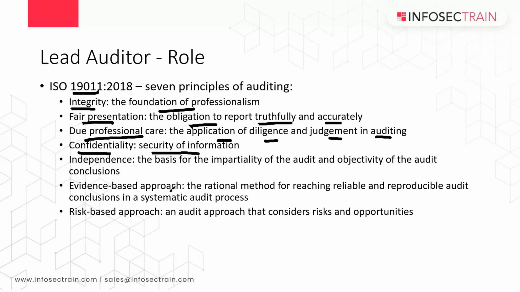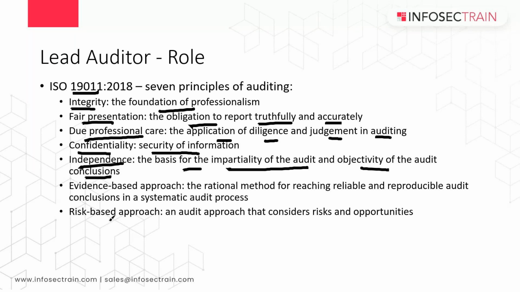As an auditor, we come across a lot of information which is confidential to our auditee. So we need to maintain the principle of confidentiality. Principle of independence, which will become the basis for impartiality of the audit and objectivity of the audit conclusions. There should be no conflict of interest, no bias of the auditor towards auditing.